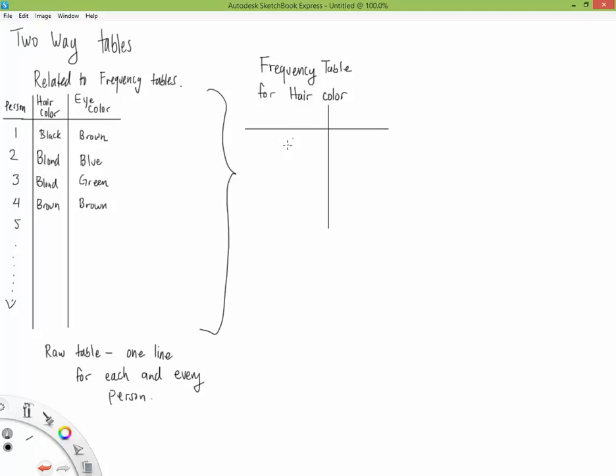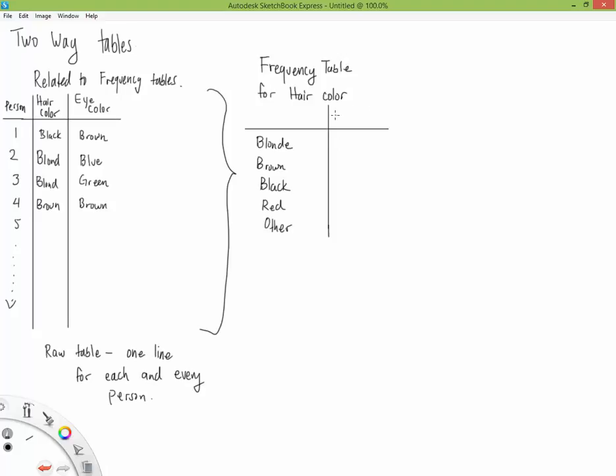Just one row would be blonde, another row would be what? Brown, black, and any other hair color, right? Red, so I have blonde, brown, black, red, and we'll say other, in case somebody dyed it pink, right?